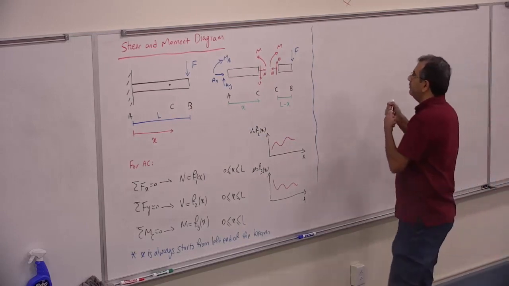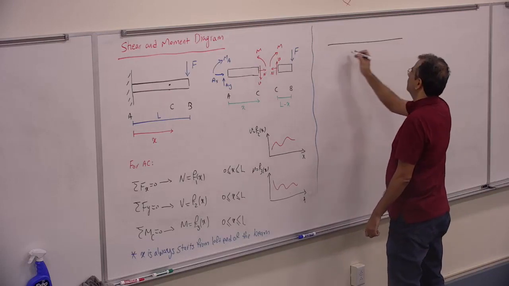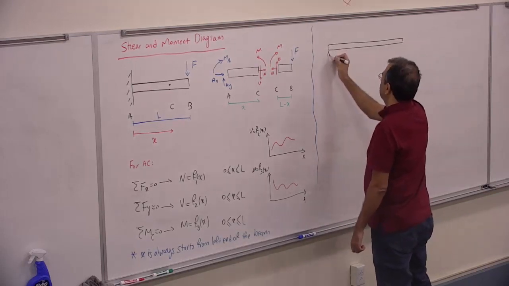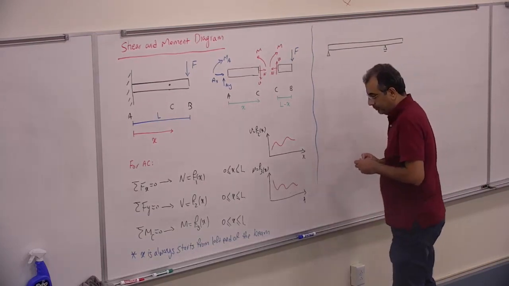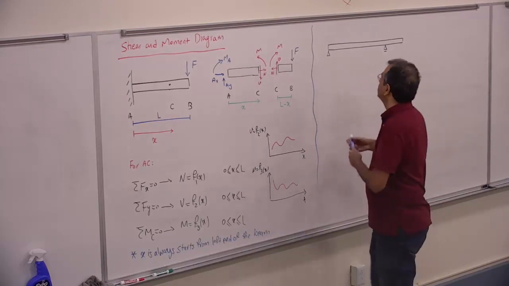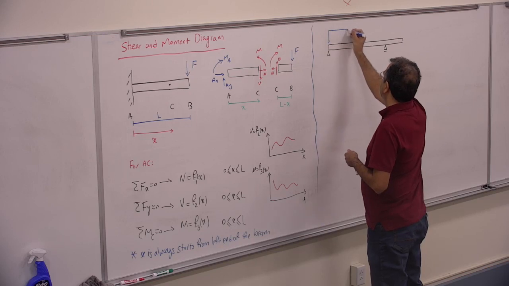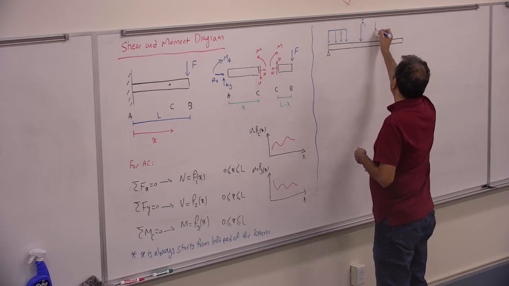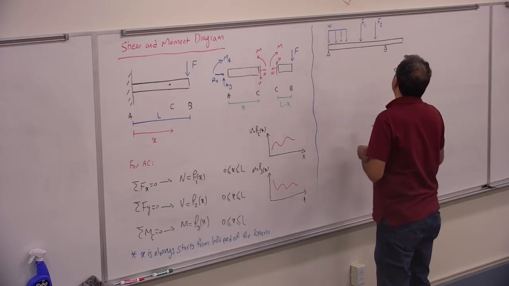If I have a beam like that, and I have some distributed load here, and then one F1 here, F2 here.